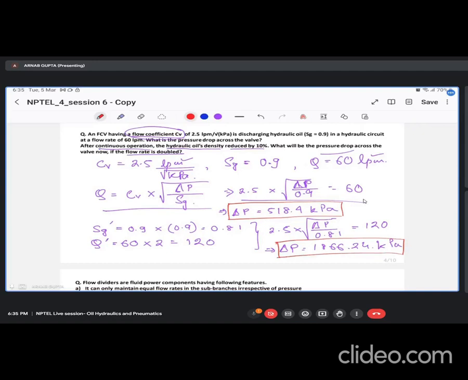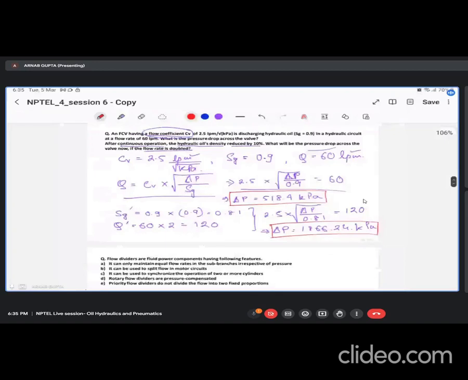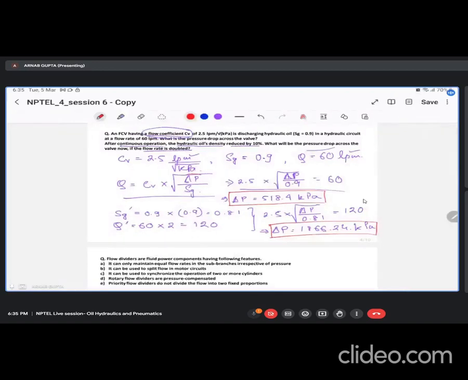If the delta P across the valve is increasing by 4 times, say, then the value of Q will be increasing by 2 times, because we know that Q is directly proportional to square root of delta P.